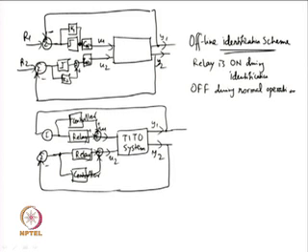And of course, now we can have the set values R1 and R2, or S1 and S2 as we used in our last lecture. These are the reference inputs or set point inputs. So, how is this online identification done?